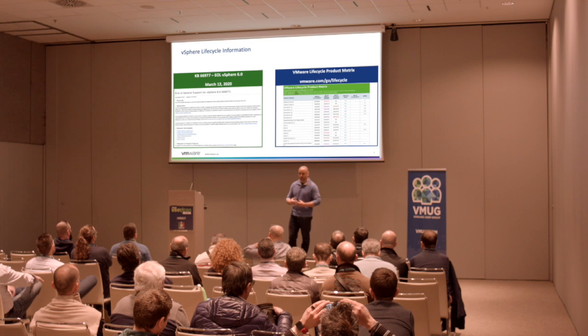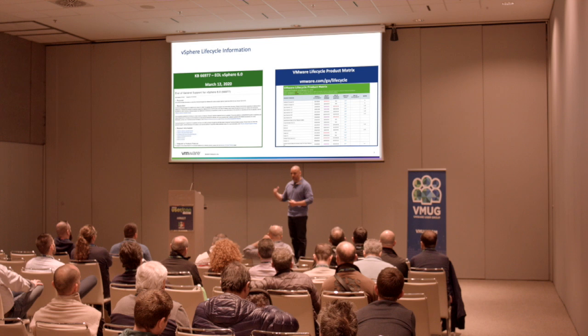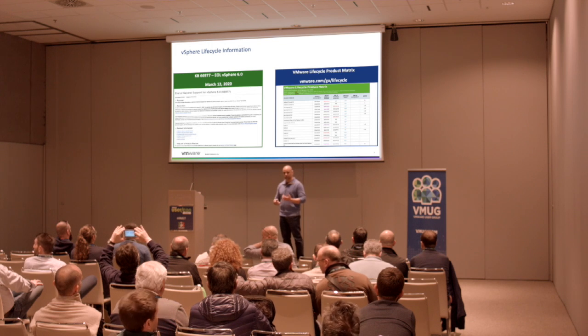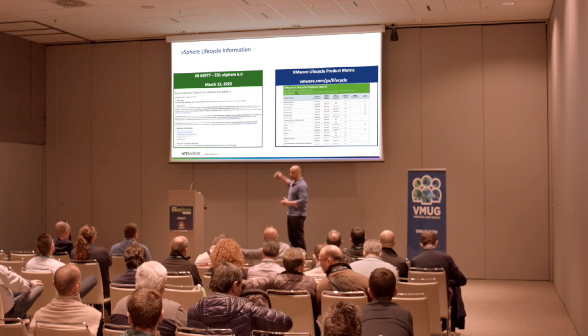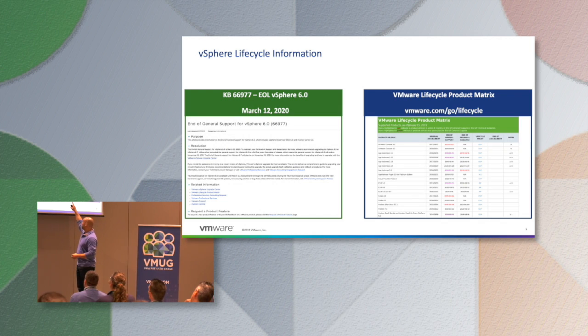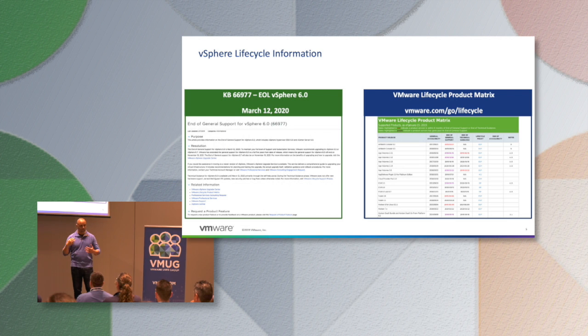So it's time to start thinking about your next upgrade, either getting to at least a minimum of 6.5 or now 6.7, especially as a lot of the new functionality in Update 2 will hopefully be compelling enough to just upgrade to that release. The other thing is, if you're looking to see when products go end of life, this URL right here, for lifecycle, will tell you when our products are slated to go end of life. So keep an eye on that list, and that way you'll be a little bit ahead of the curve.